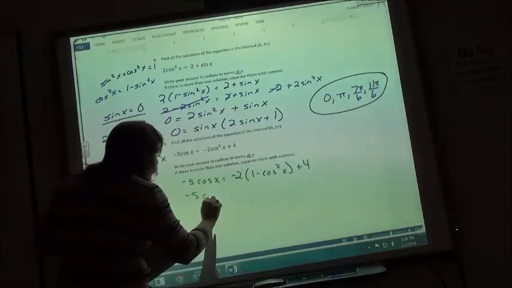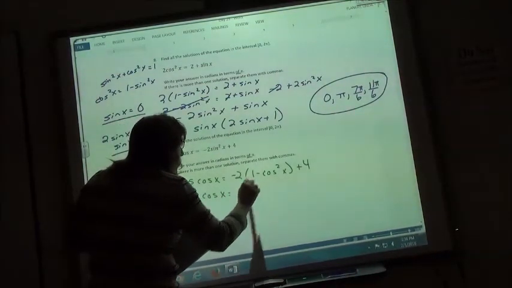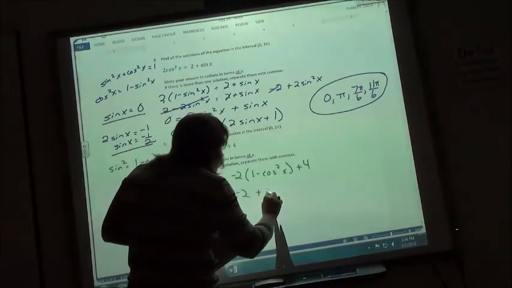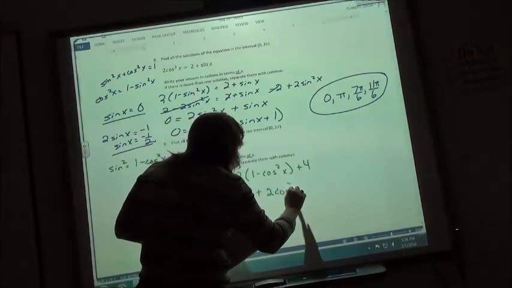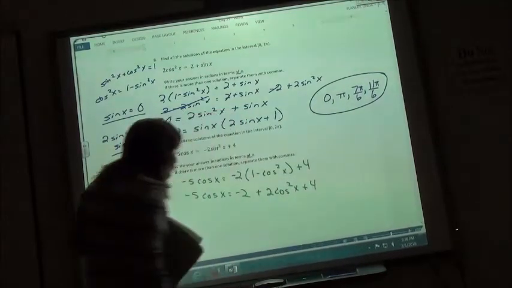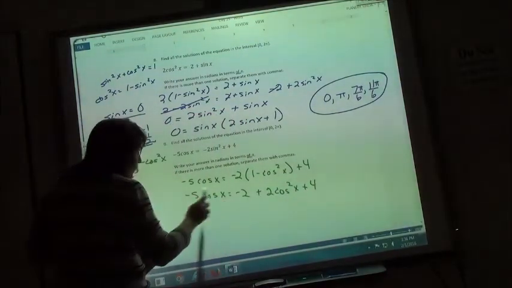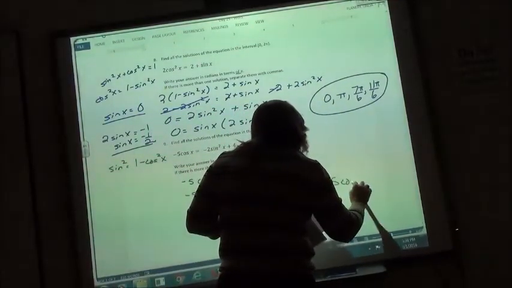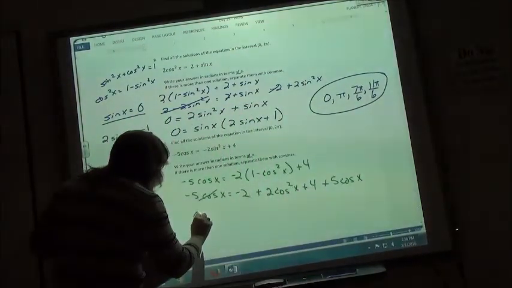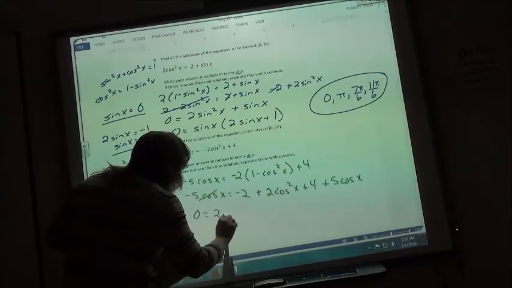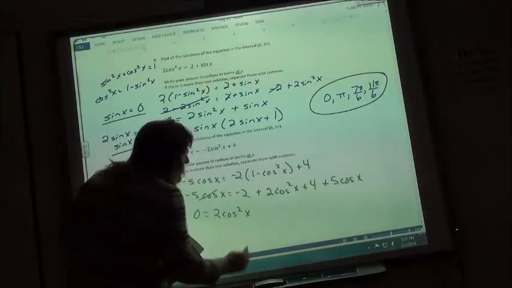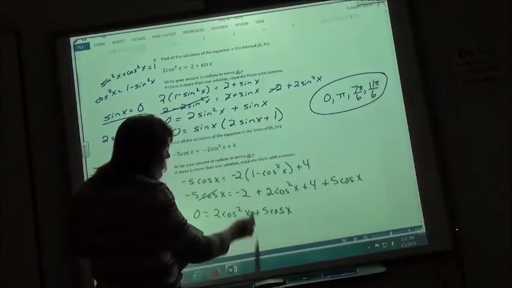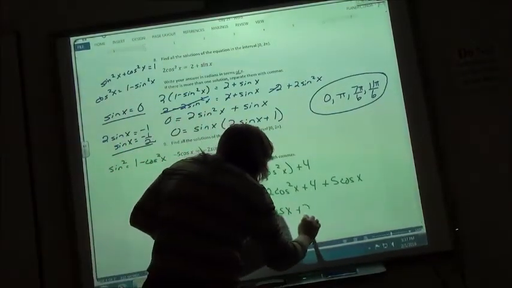So negative 5 cosine of x equals negative 2 plus, because I have a negative times a negative, 2 cosine squared of x plus 4. Since this is positive, I'm going to move this over here. So I'm going to add my 5 cosine of x. So 0 is going to equal 2 cosine squared of x plus 5 cosine of x. Negative 2 plus 4 would be plus 2.